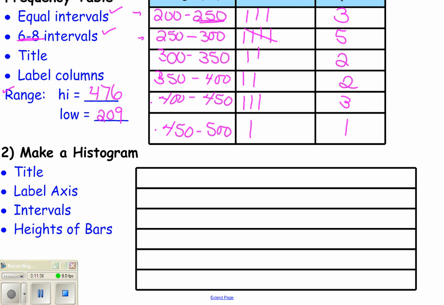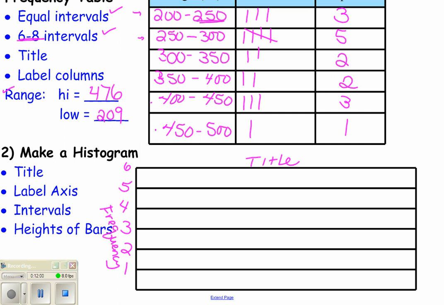Now we're going to take and turn that into a histogram. Once again, you'd want to put your title up here. And then I'm going to put the height, and it looks like the most that occurs is 5 times, so I can go by ones, 1, 2, 3, 4, 5, 6. This would be our frequency, how often the category occurred.